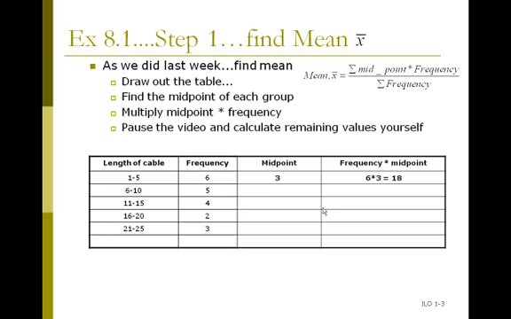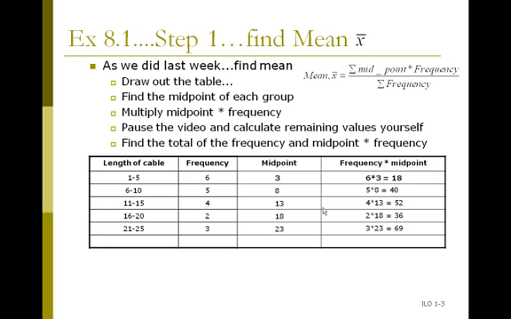Pause the video now for a few minutes and calculate the remaining values in the table yourself. Hopefully the values that you found corresponded to those values that are now displayed in the table.